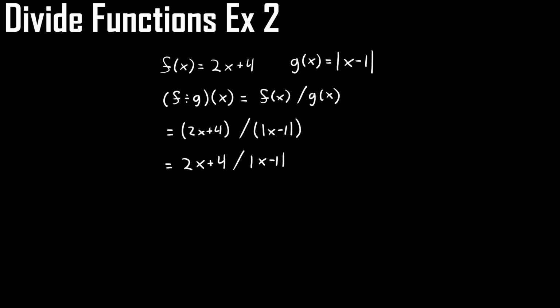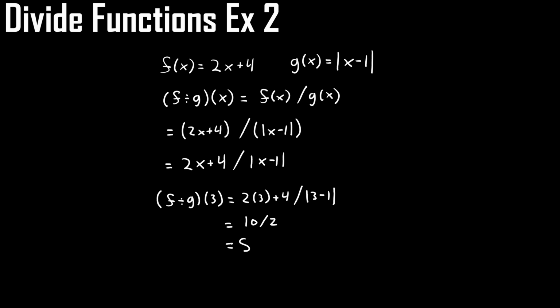And we can evaluate it now. So let's evaluate it at x equals 3. So f divided by g of 3 equals 2 times 3 plus 4 divided by the absolute value of 3 minus 1. This simplifies to 10 over 2 or 5.